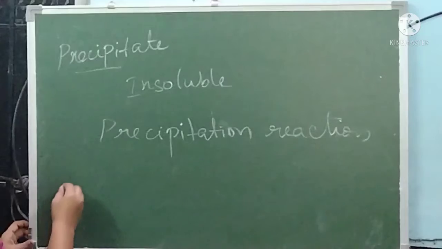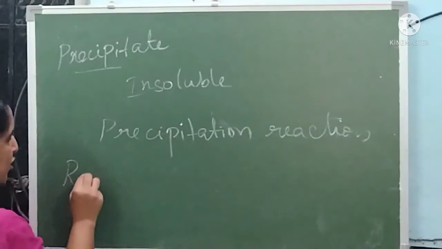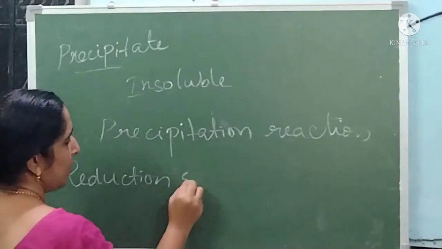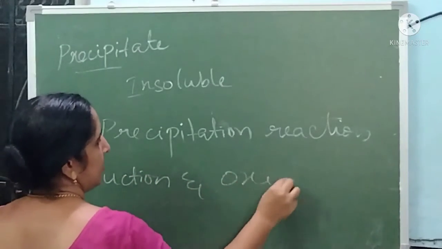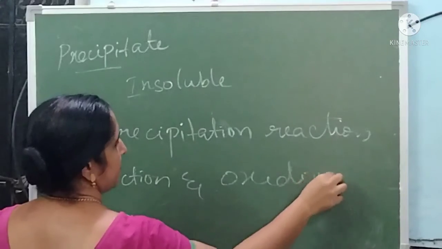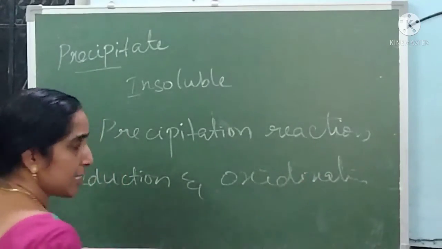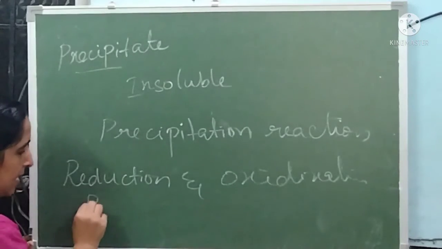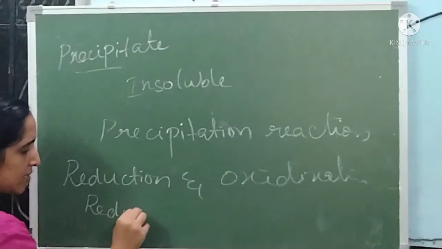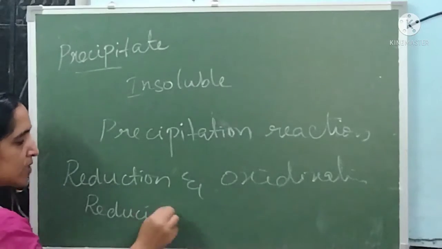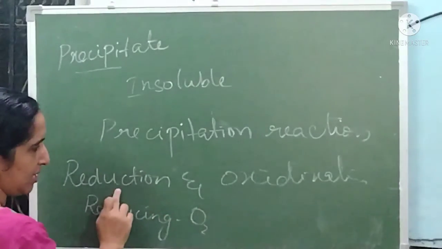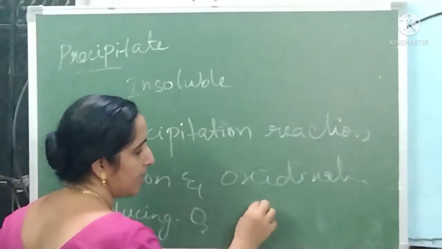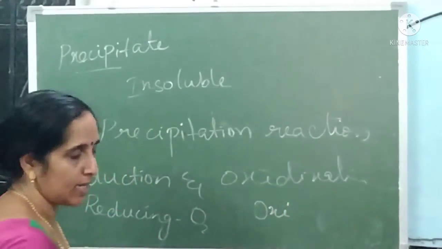Then the last reaction is reduction and oxidation. Reduction means loss of oxygen. In a reaction, loss of oxygen is called reduction. In a reaction, gain of oxygen is called oxidation.